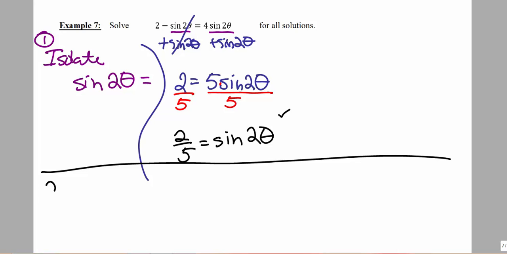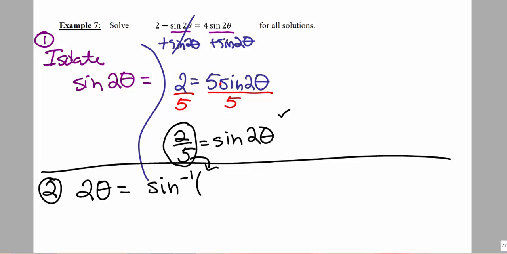The next thing that we want to do is we want to solve for 2 theta. Now we don't know exactly what this angle is, as the sine value that we're given is actually unfamiliar. So when we solve, we're going to solve using our calculator. We're going to put this ratio into the inverse sine function.